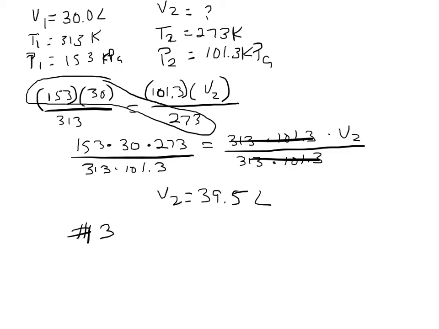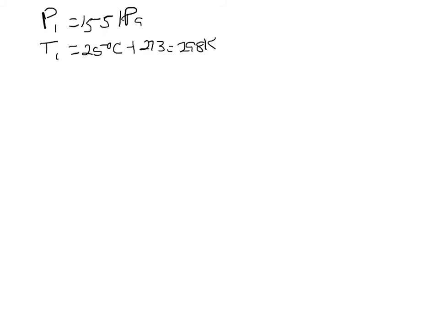Why don't you try problem number 13, on page 424. Put down what we know. Pressure P1 equals 155 kilopascals. T1 is 25 degrees Celsius, and we're going to convert that right away, adding 273, so 298 K. The initial volume, V1, is 1 liter.